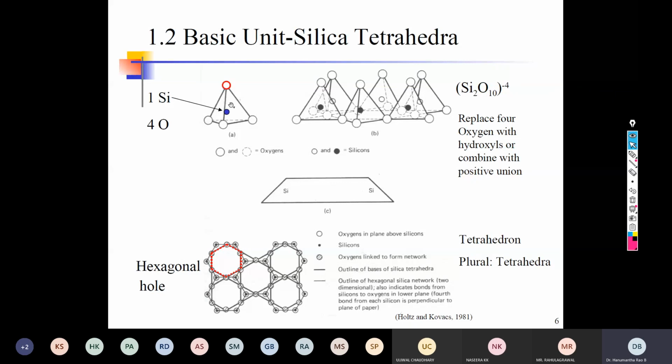The first thing is that there is no isomorphous substitution in this silica, when you talk about the quartz. As long as there is no isomorphous substitution, there is no possibility of charge deficiencies arising. Is it clear?